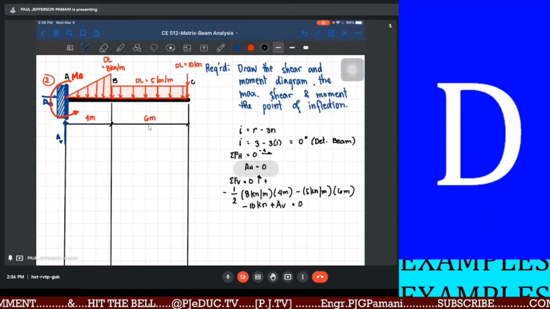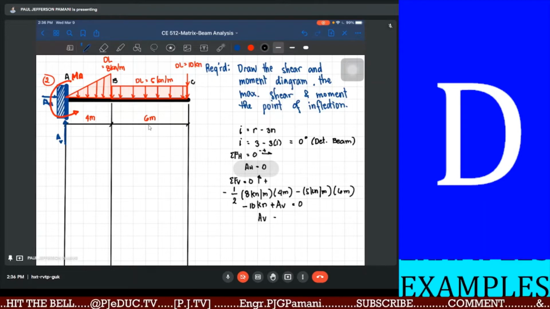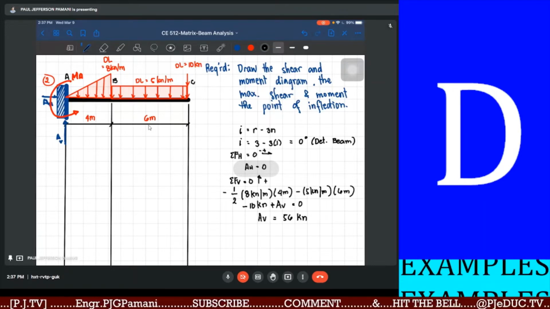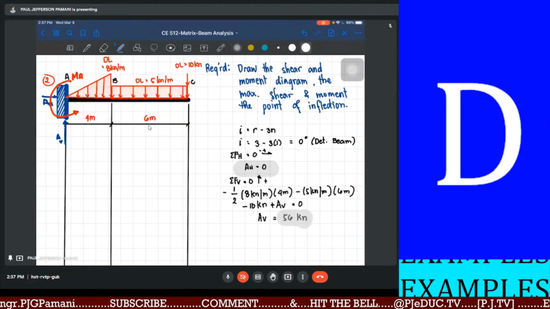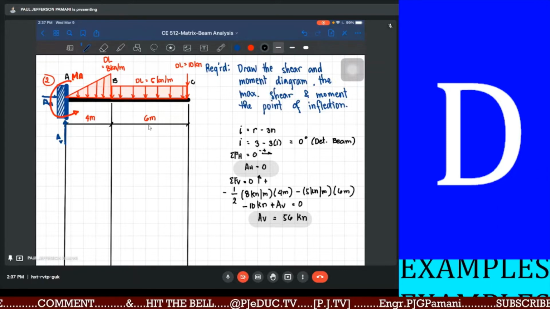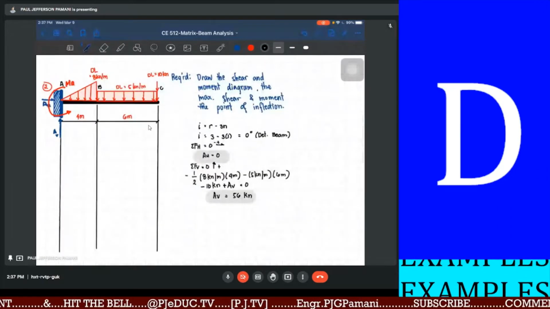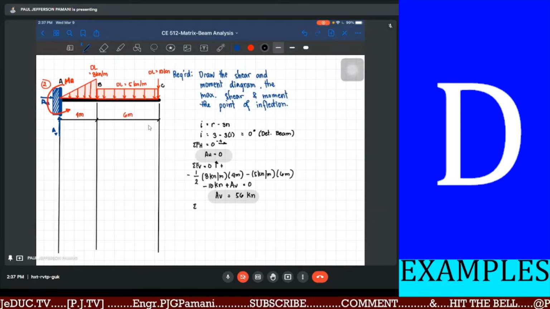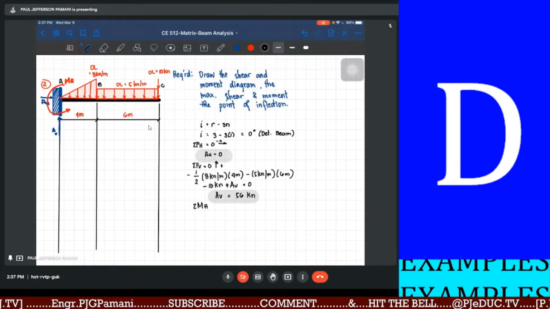Transpose to the other side, AV is equal now to positive 56 kilonewton. So, yan na ngayon yung ating reaction vertical at the fixed support. Ano na lang ang kailangan nating isolve? We need now to solve. Next one is our moment. So, summation moment about A to solve moment A.